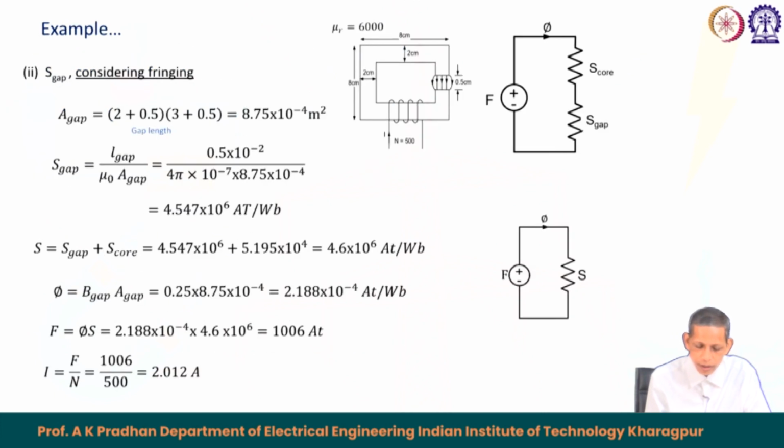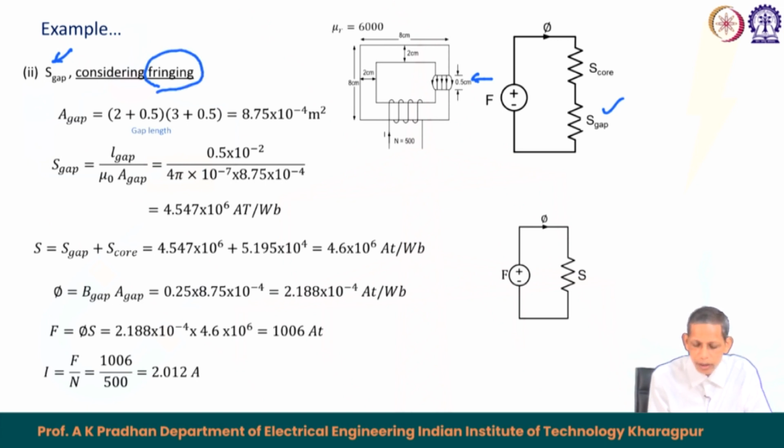Next, we will find the S gap, for the second part, the air gap part. In this case, we will again use L upon mu A, and mu equals mu naught here, but for A we have to accommodate fringing, which happens in the air gap.